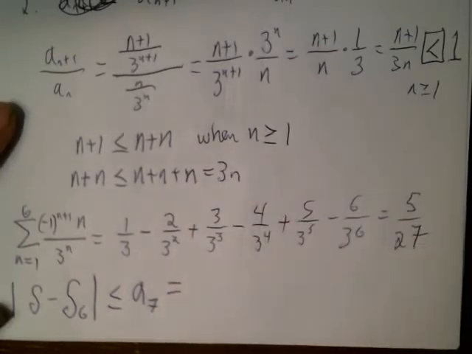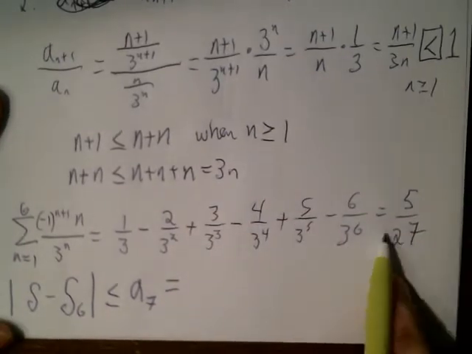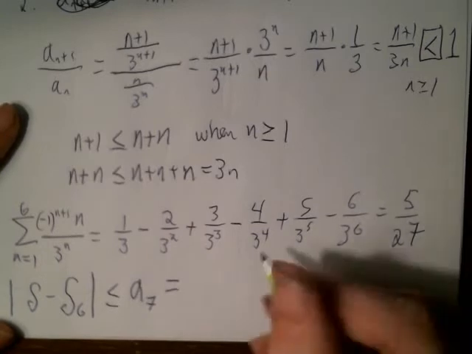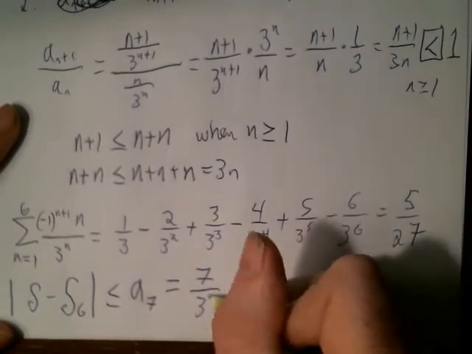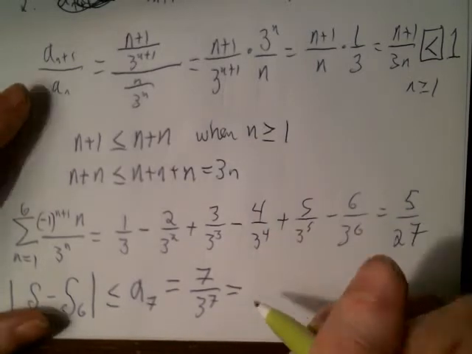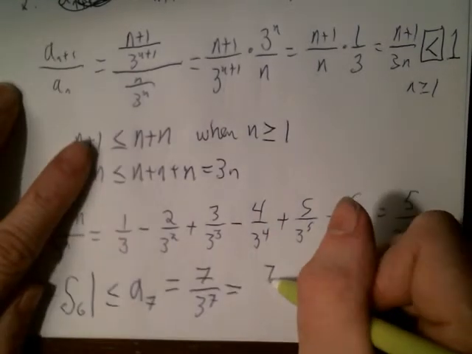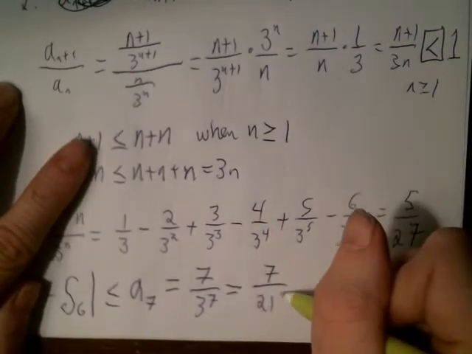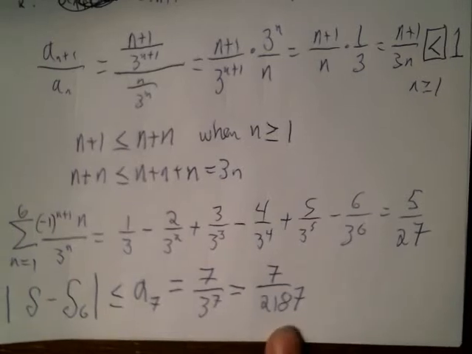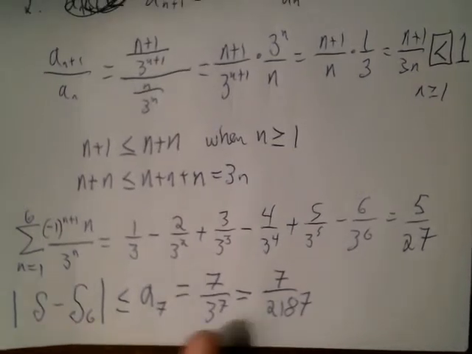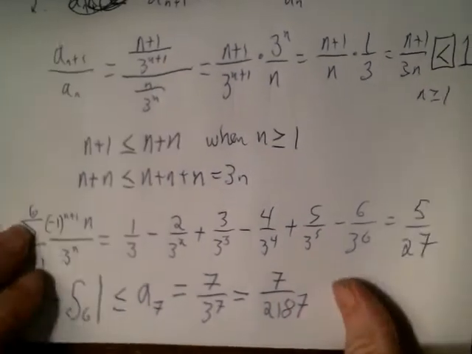And find what a sub 7 is. Well, a sub 7 is just the next term that would have been in line here. So it's just 7 all over 3 to the 7th. And that's 7 all over 2187. Okay. So it's a pretty small number. The difference between these two is not significant. It's a lot less than 1. So that's good.